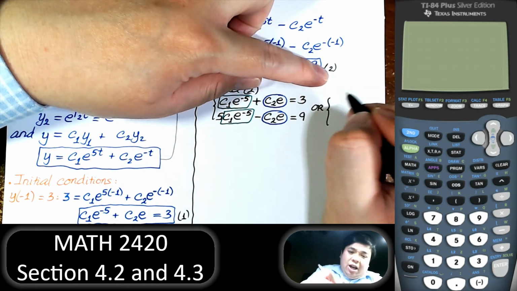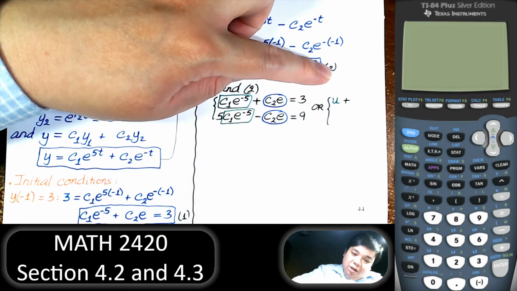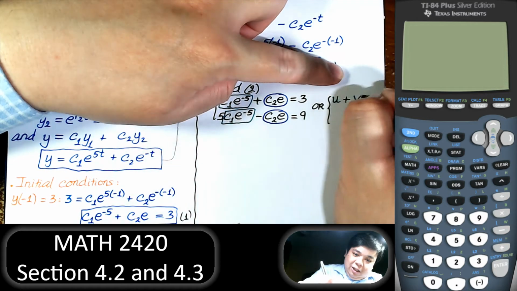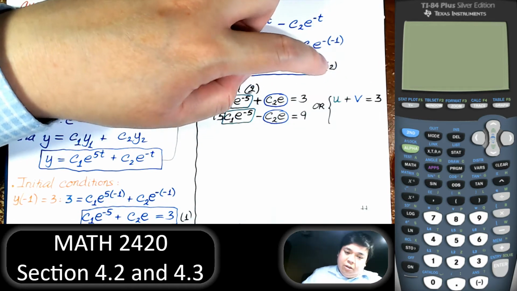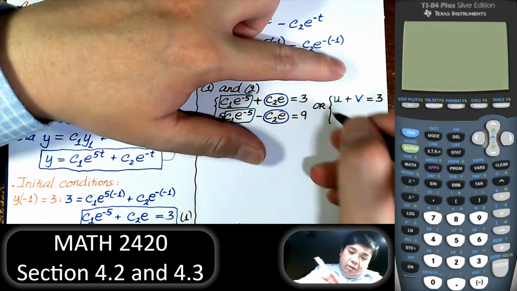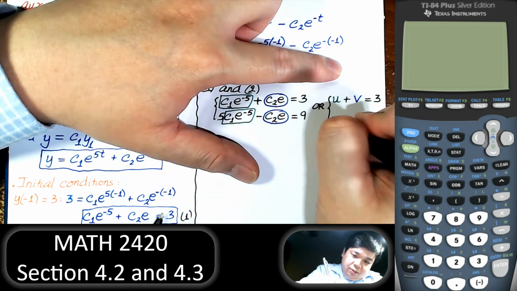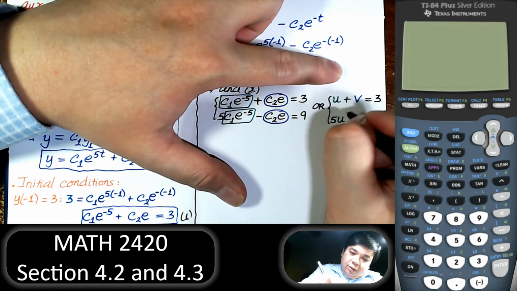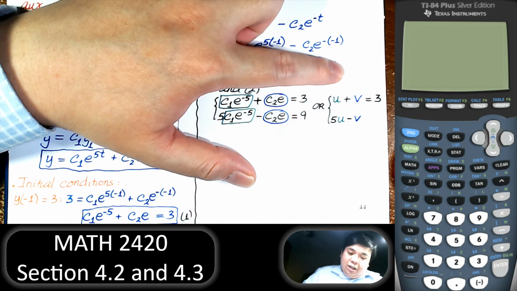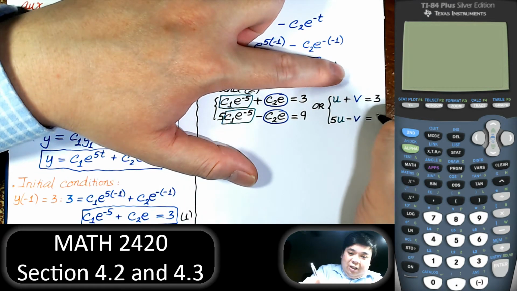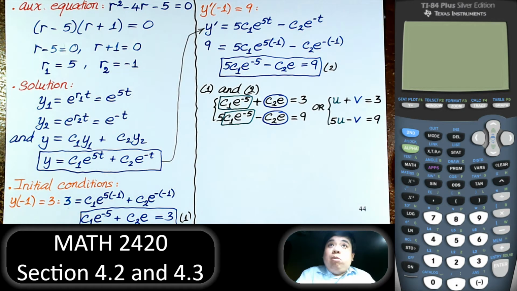let's use u and v for that. u plus v equal to 3, and then 5u minus v equal to 9. A system of equations with two variables, we should be able to solve that.